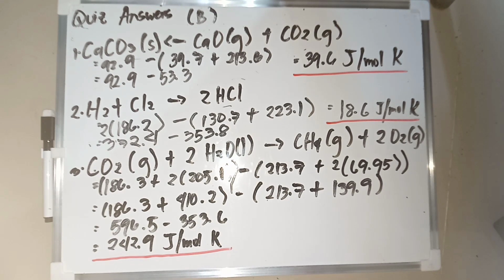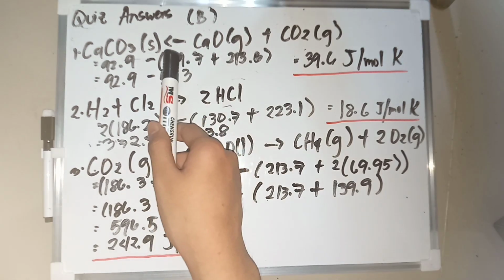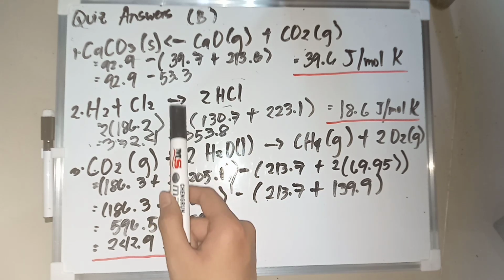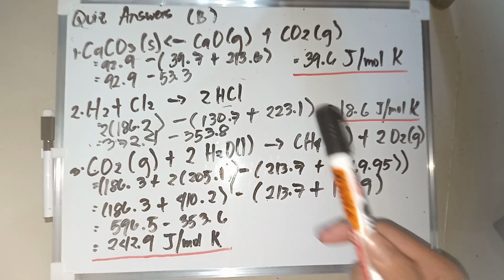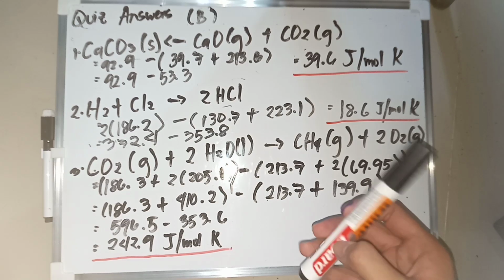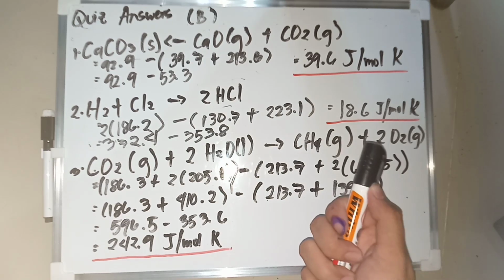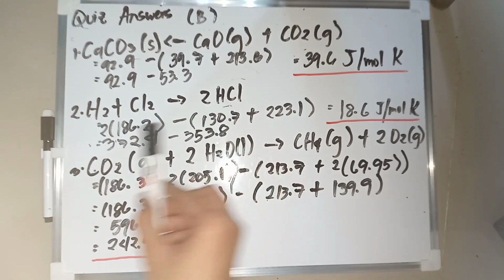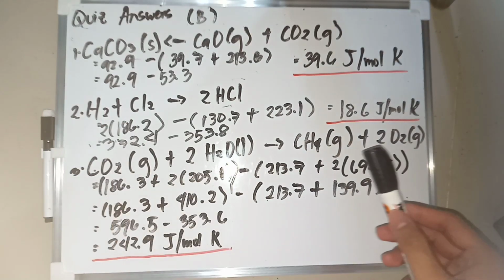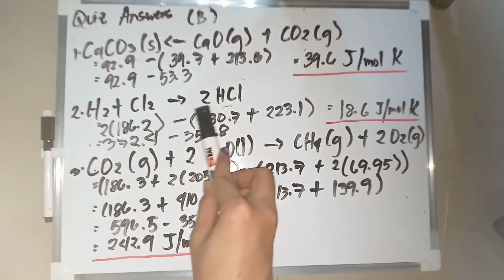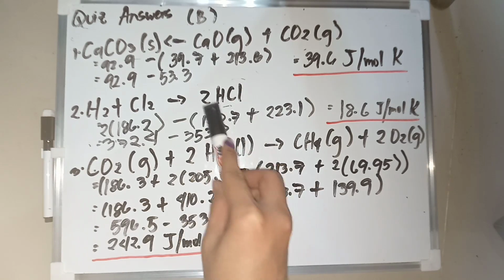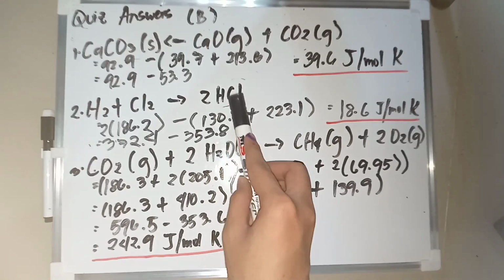So remember to look out for a couple of things. The arrow: where is the arrow pointing? That's where our product is, and as stated by our equation, the product minus the reactant. Also watch out for the number of molecules, just like this one, 2 HCl.